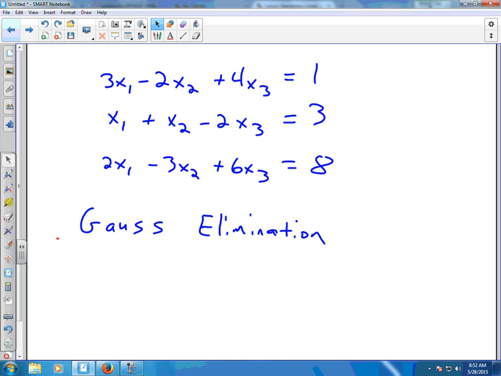One thing that we like to do with Gauss elimination is, to begin with, if any of our leading variables, in this case x1, have a coefficient of 1, we would like to put that as the top equation. So let's start by swapping those two equations.